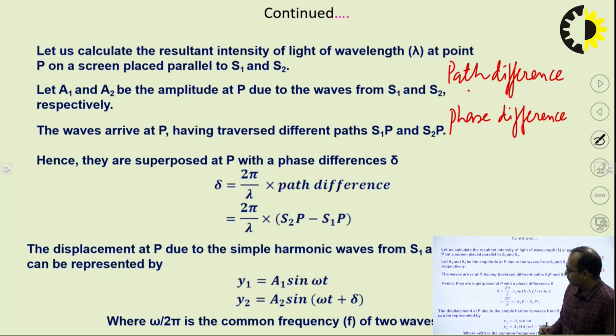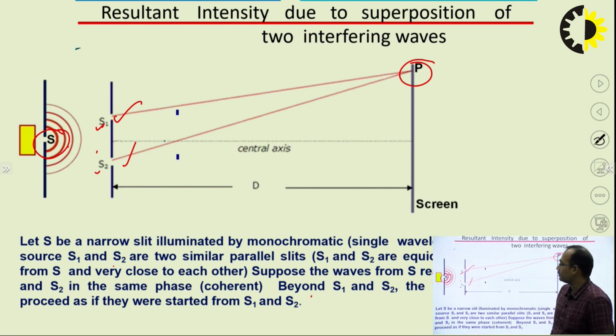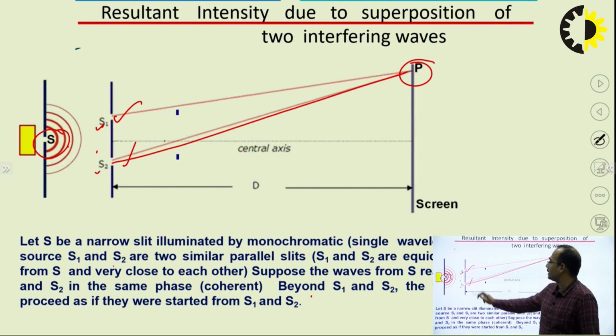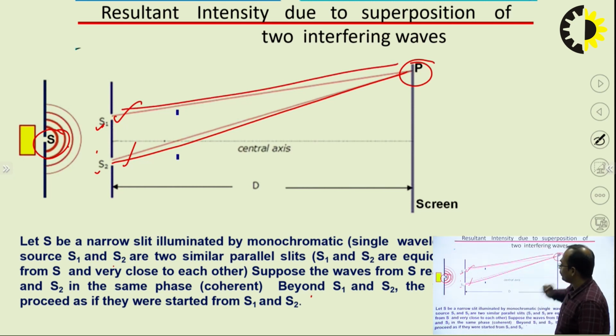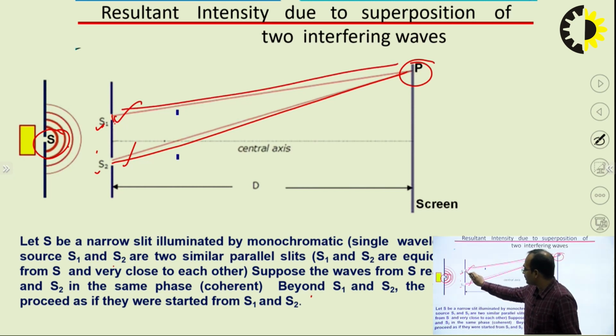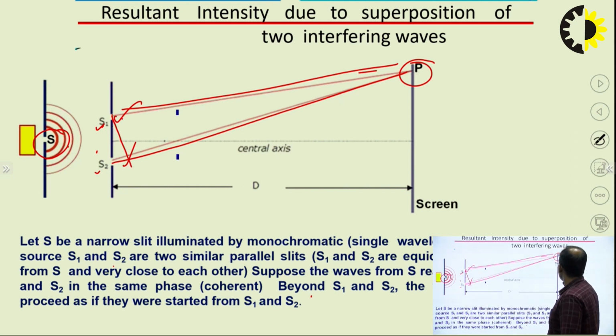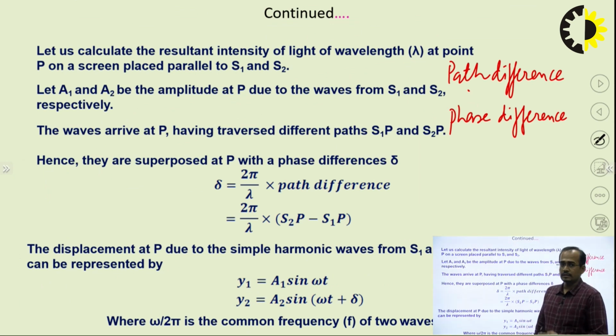So what is the path difference? It can be easily calculated. It is the distance travelled from S2 to P minus the distance travelled from S1 to P. Path difference is nothing but S2P minus S1P, greater minus lesser. We will calculate this; I am putting here only the path difference.